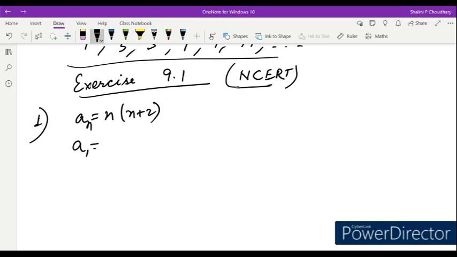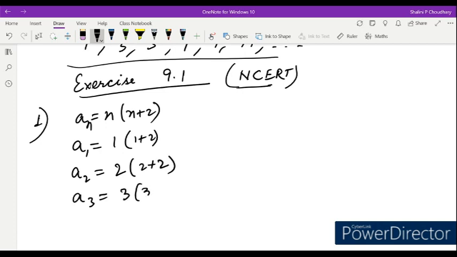So a1 will be equal to 1 into 1 plus 2, a2 will be equal to 2 into 2 plus 2, a3 will be equal to 3 into 3 plus 2, a4 will be equal to 4 into 4 plus 2, and a5 will be equal to 5 into 5 plus 2.